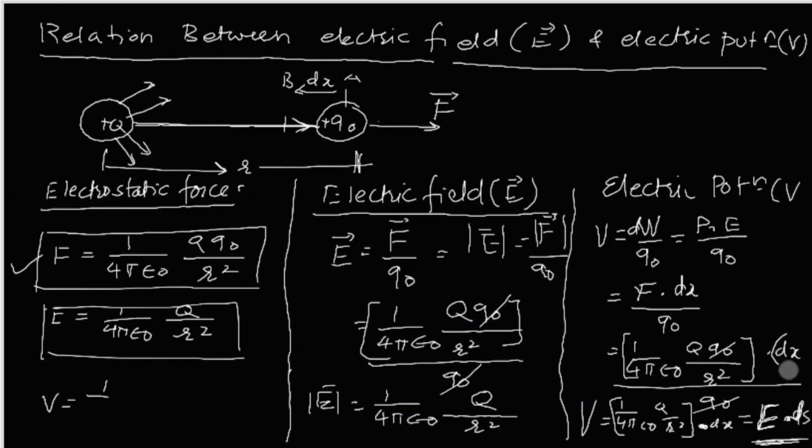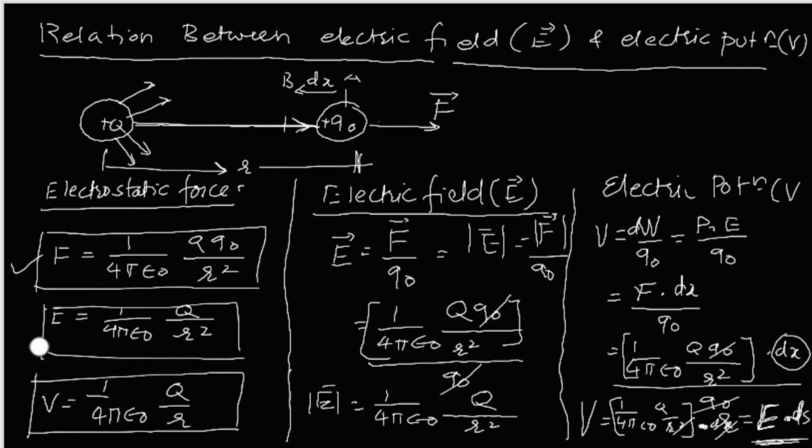If you put this value as r, then this r and this r get cancelled, so we get the last equation. So you have to remember these equations for electric field intensity, electrostatic force, and the electric potential in this way.